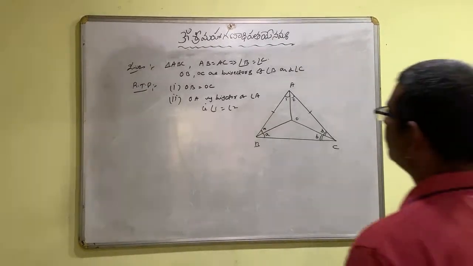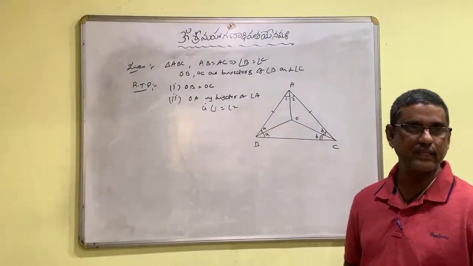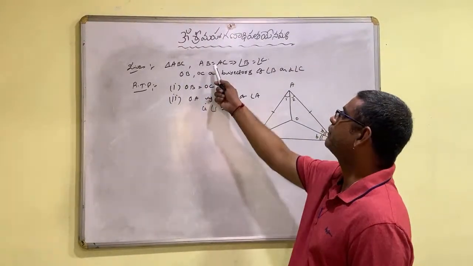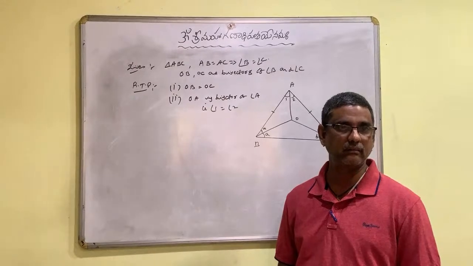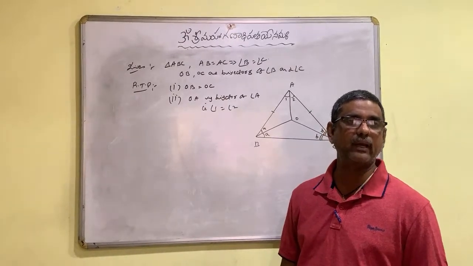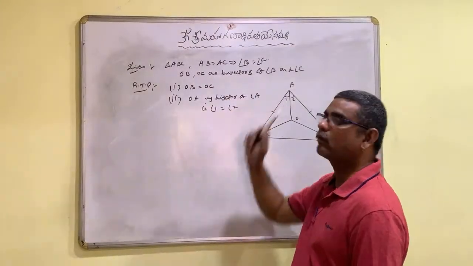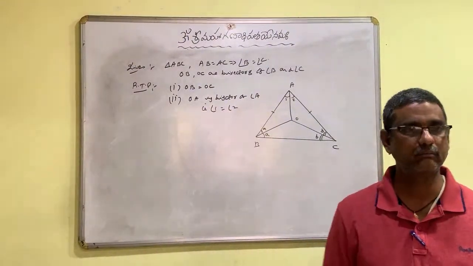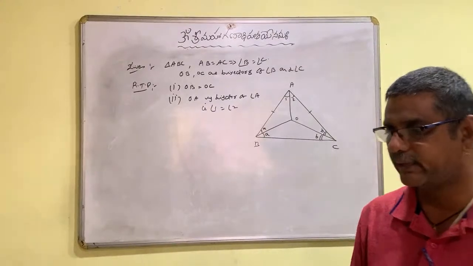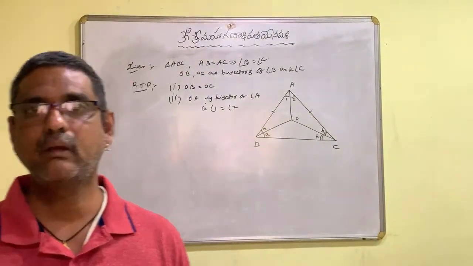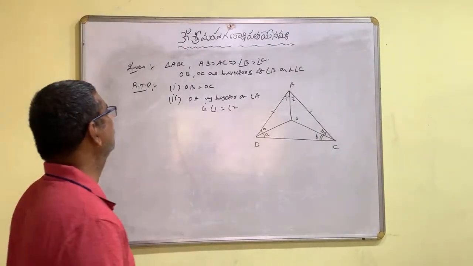What is given? In triangle ABC, AB is equal to AC given. In the morning we learned a theorem: if AB is equal to AC, then angle B equals angle C. And what else is given?